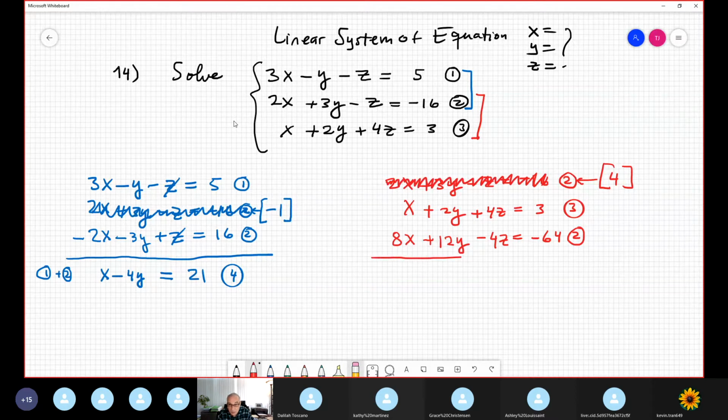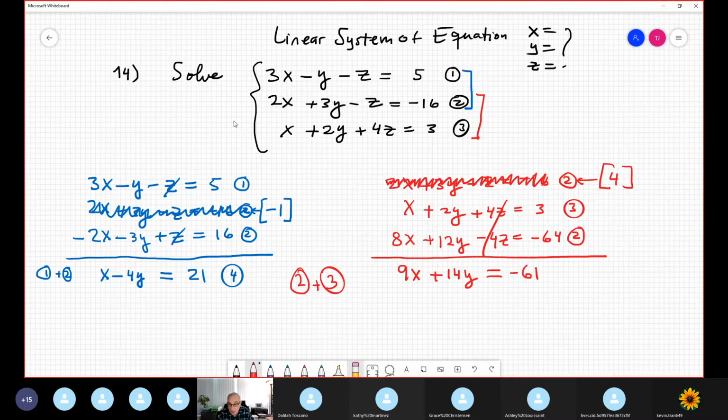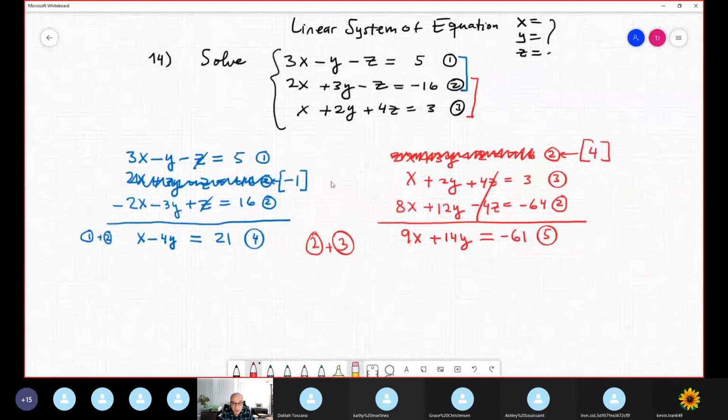Now I am ready to add equation 2 plus equation 3. 9x, 14y. This cancels out, 0. And this is 61 minus 61. This is my equation 5. Now I take equation 4 and equation 5.